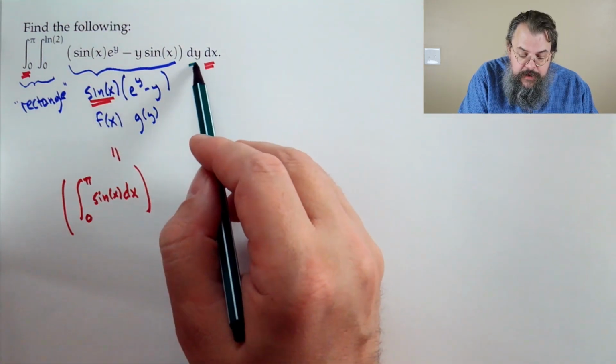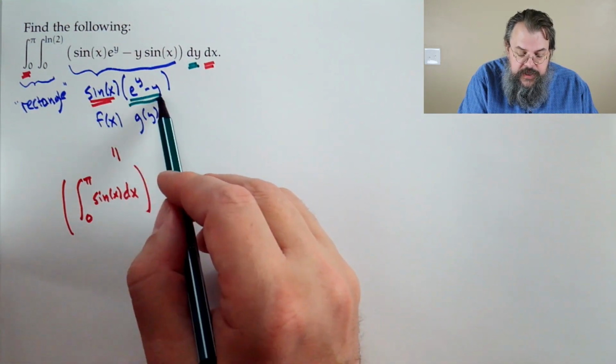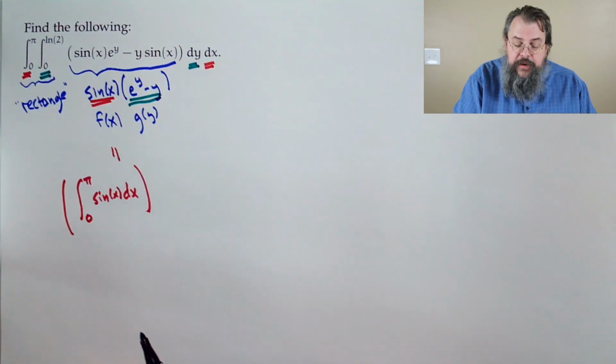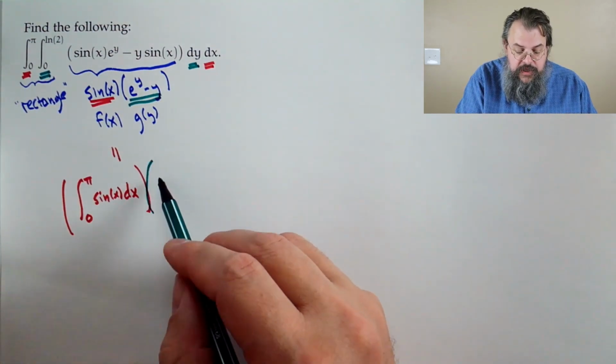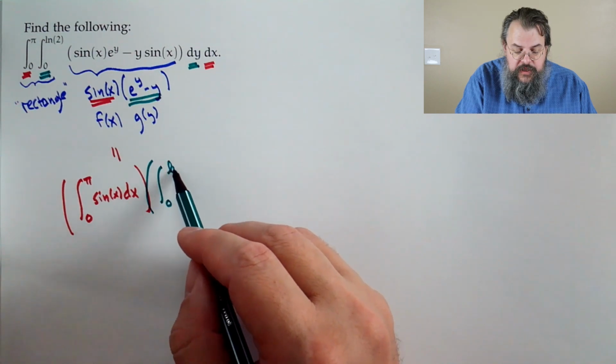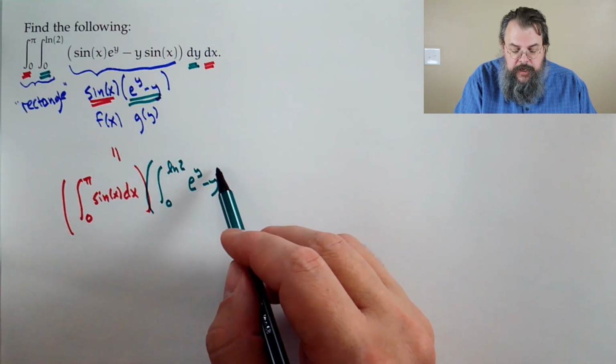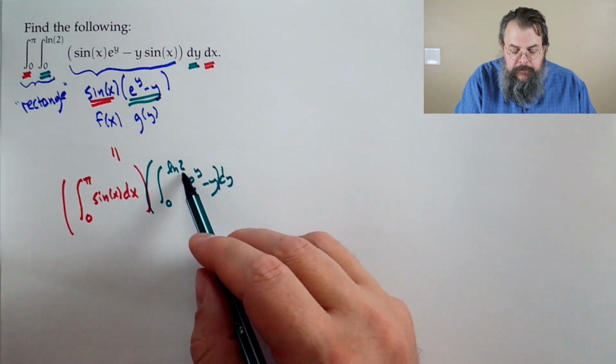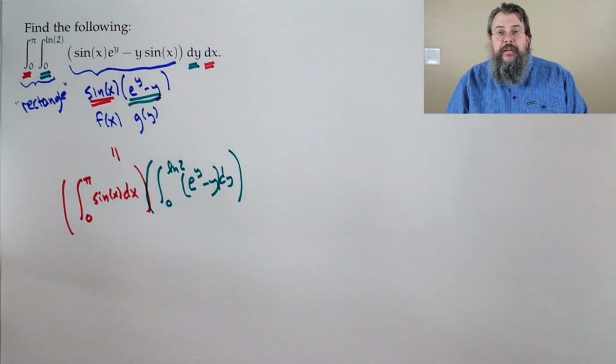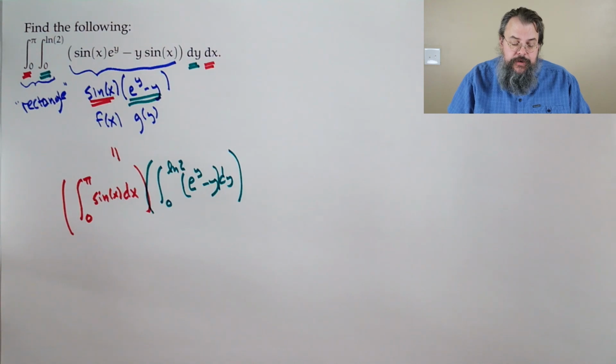There's the dy, the function of y, and then you've got your bounds of y. So, integral 0 to log of 2 of e to the y minus y dy.